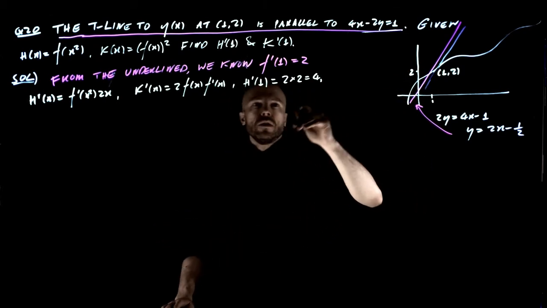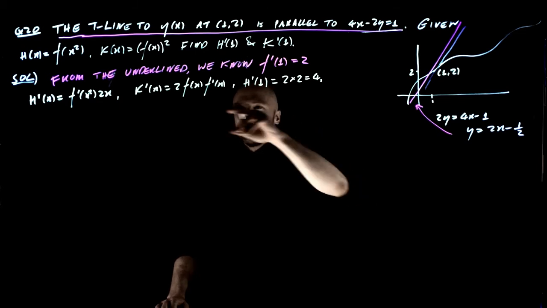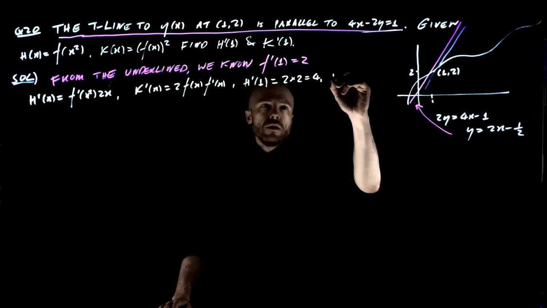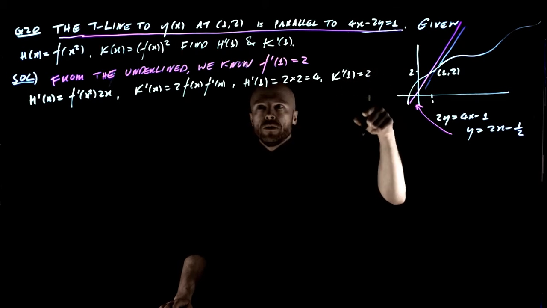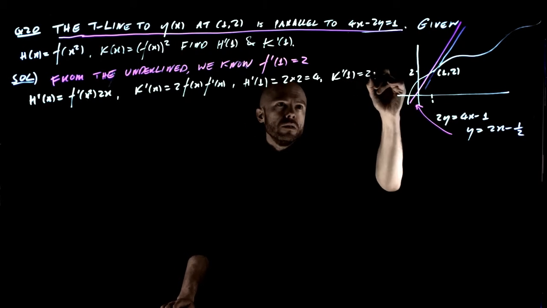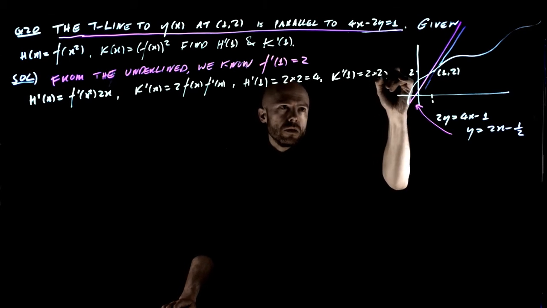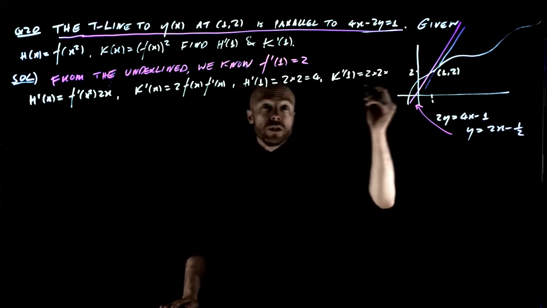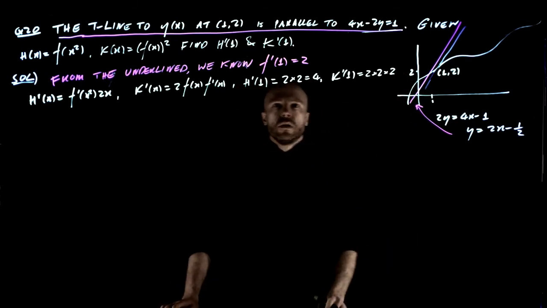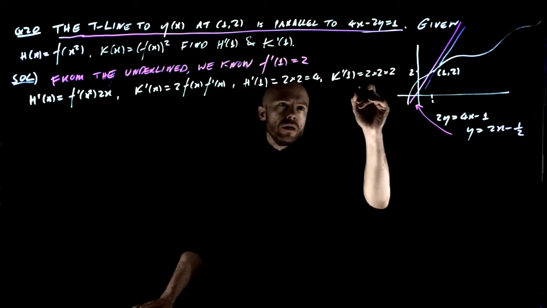So k prime of 1 is 2 times f of 1, which we know is 2, times f prime of 1, which again we know is 2. Yeah, so 2 times 2 times 2, which is 8, and that's it.